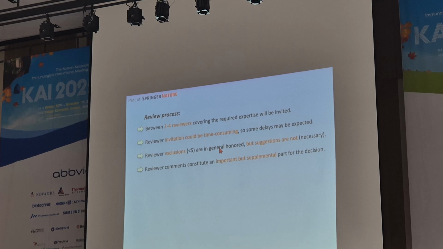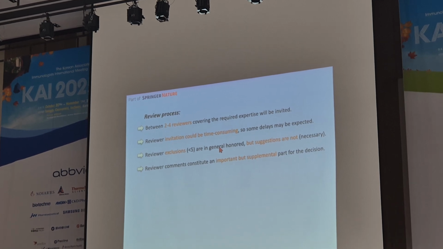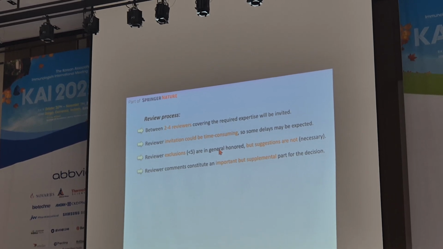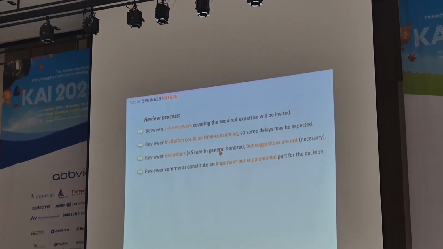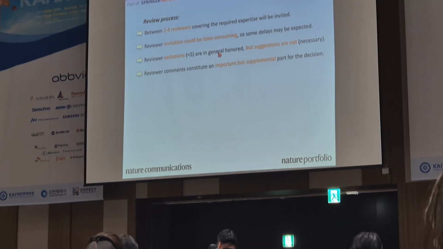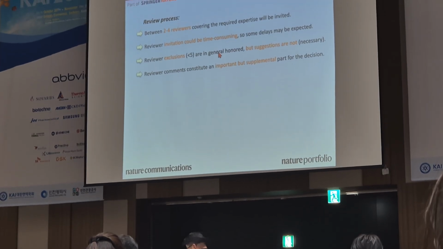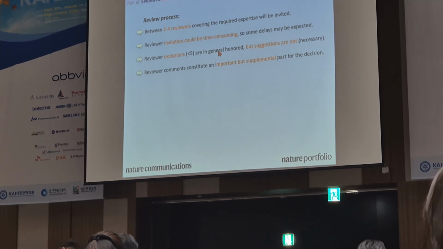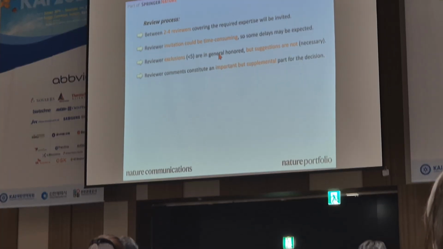If you don't want a competitor to review your unpublished work, we understand that. But please do not exclude all the reviewers that are possible on the topic, because that means I have to spend 3 or 4 times more time to find a proper reviewer for you, and that wouldn't be to your benefit.